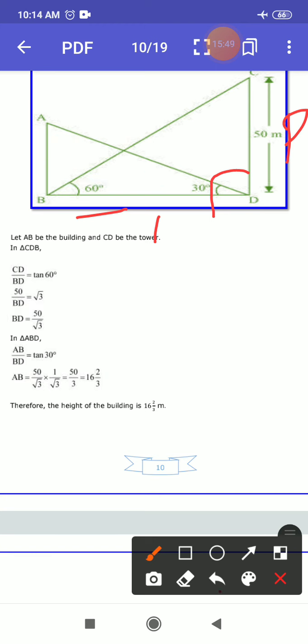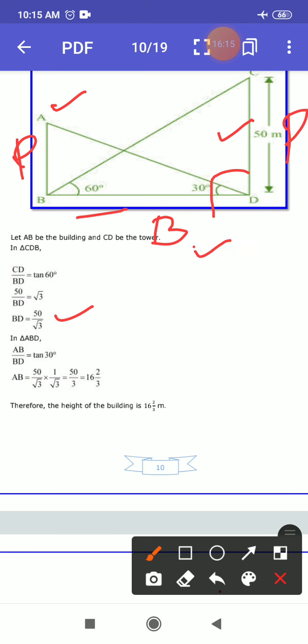In ABD you have to find the perpendicular, and the base you already have. This base is the same for the tower and the building, so BD is common for both triangles. Now AB is the perpendicular and BD is the base.